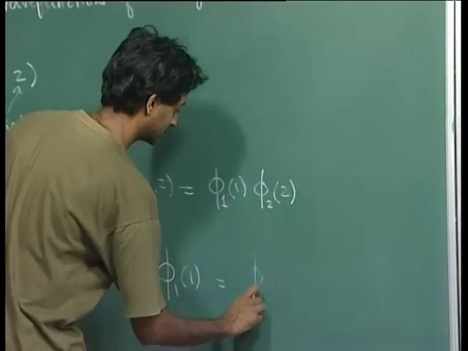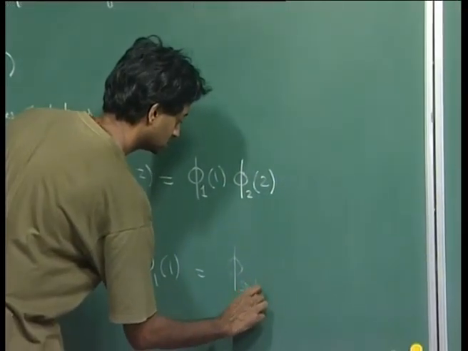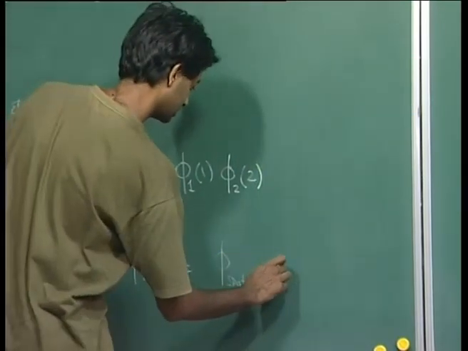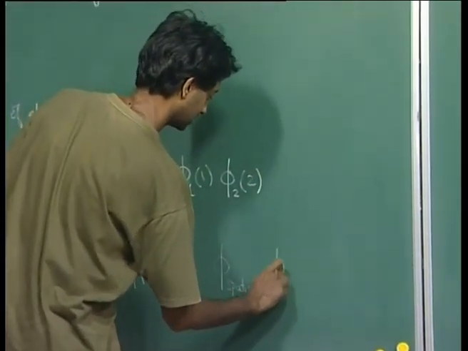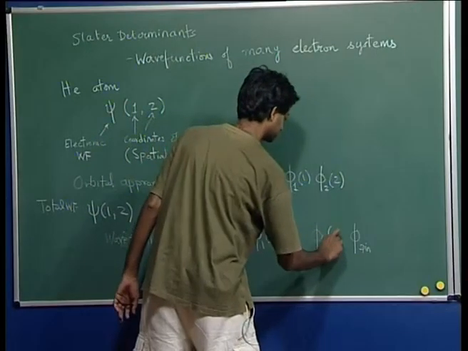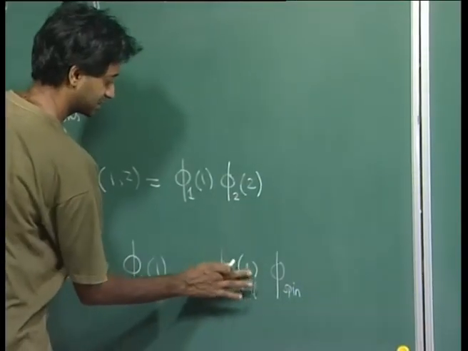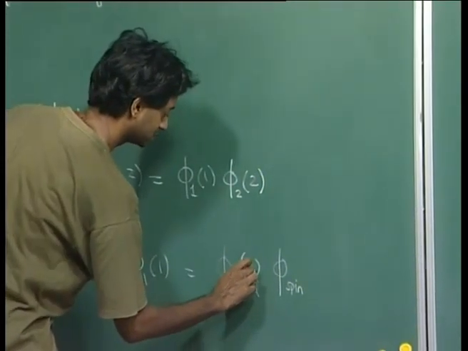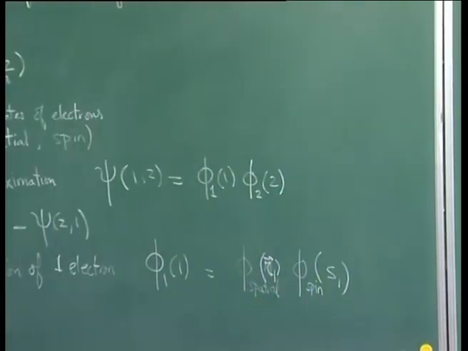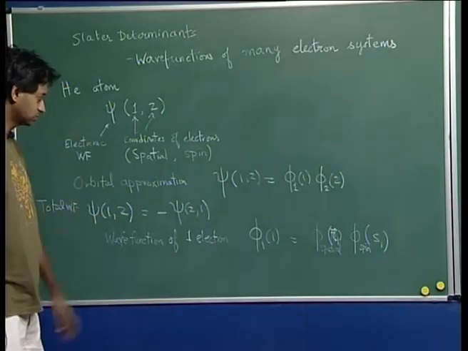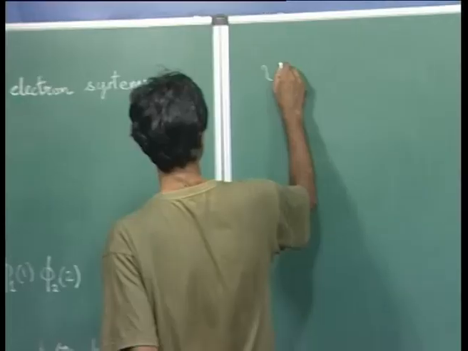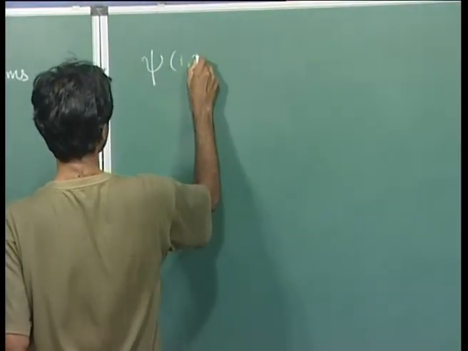So, I will call it psi spatial times psi spin. Okay, and the spatial coordinate of 1 is r1, and the spin coordinate I will call s1.